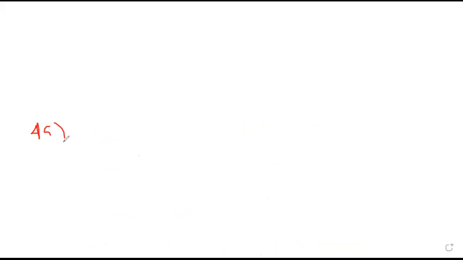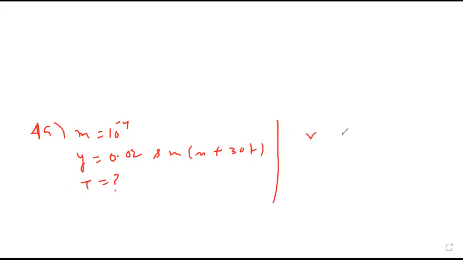A string has linear density 10 raised to minus 4. A transverse wave is propagating, described by the formula 0.02 sine of (x plus 30t). Then what is the tension in the string? If I find the velocity of the wave, I can get the tension. One formula is root of omega by k, the other is root of T by m.